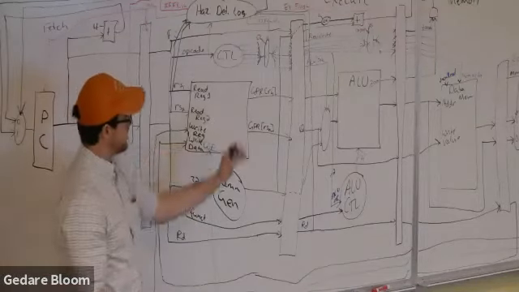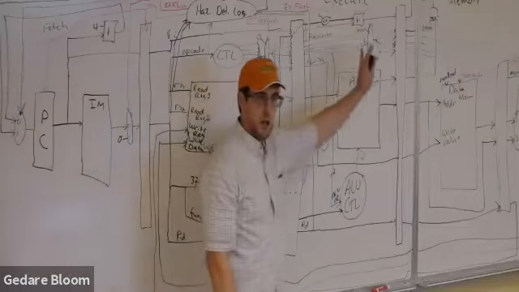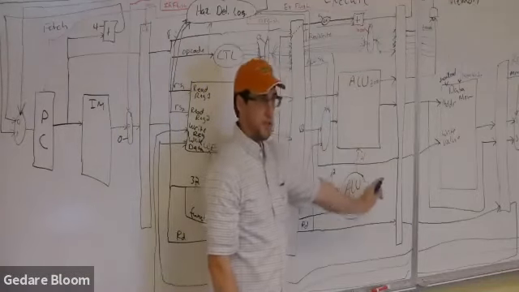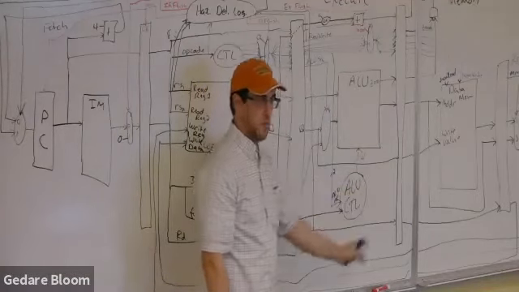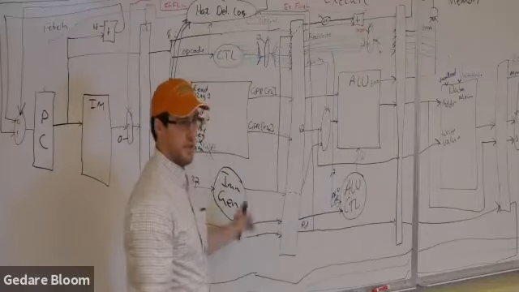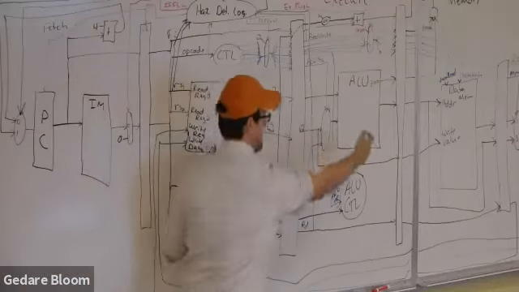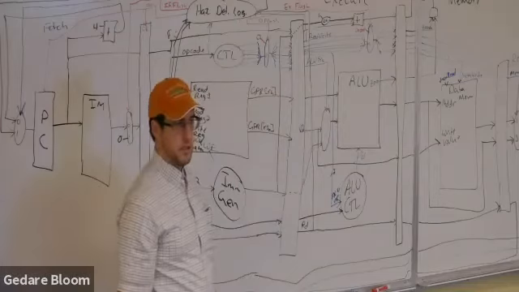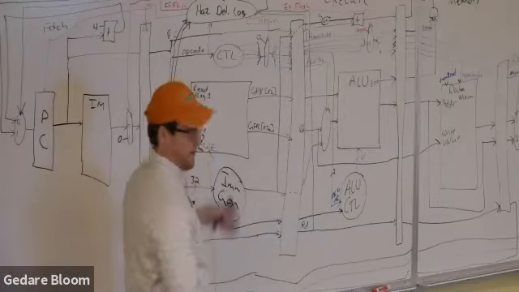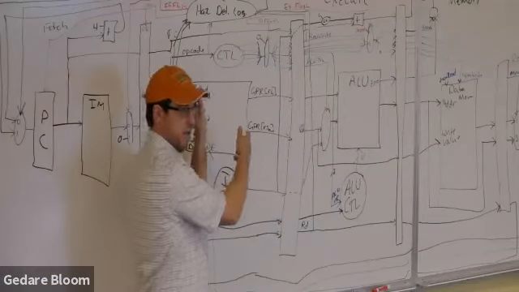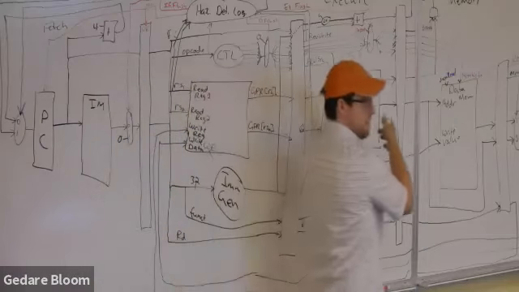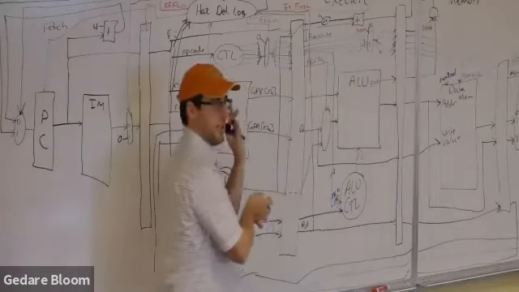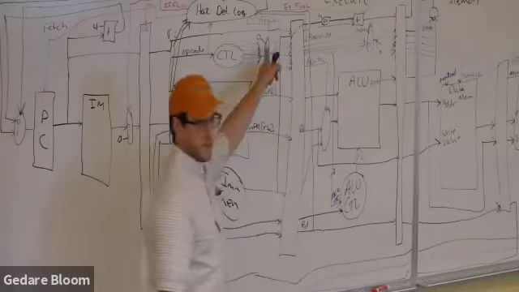Now I have to introduce a bubble into the pipeline to replace this instruction moving into the execute stage. And if I'm going to repeat this instruction here, I can't just let it keep going. I got to replace it with a null. We already know how to do that.